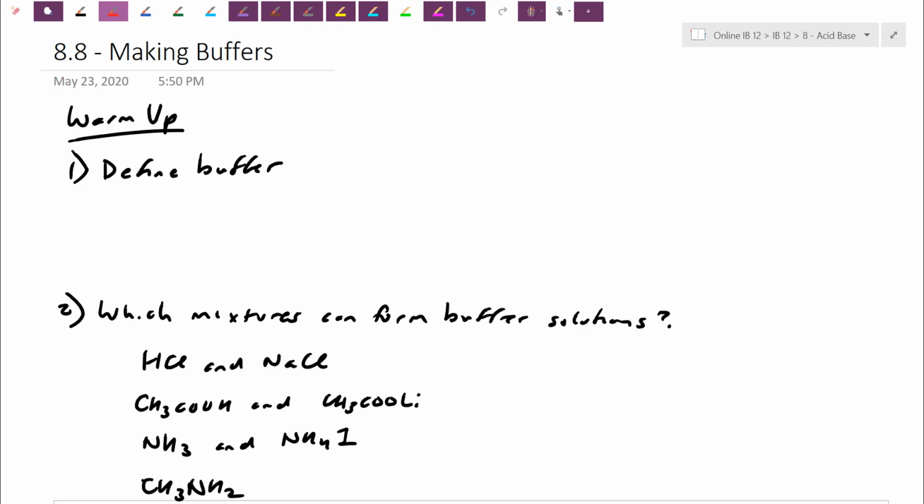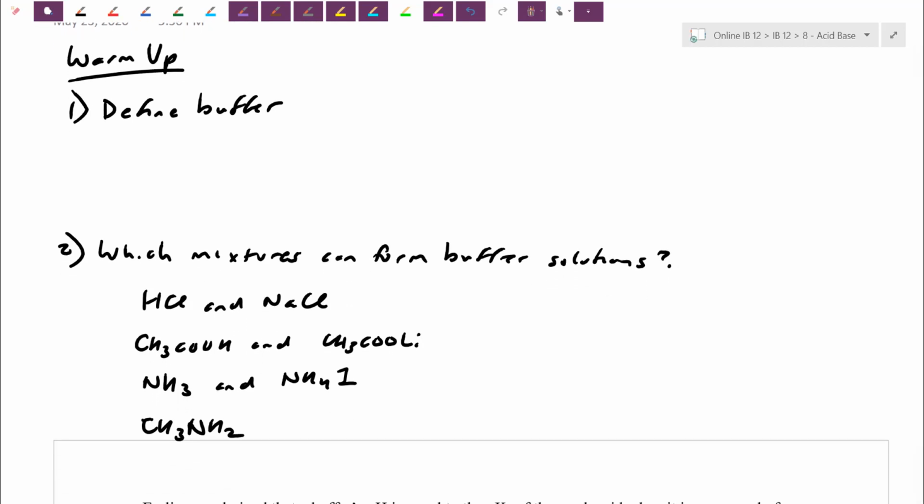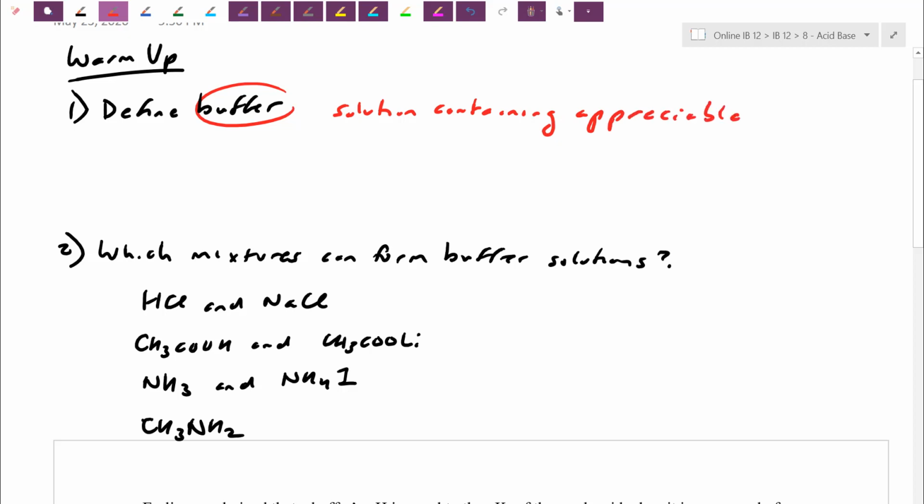Okay. Assuming you've done that here, let's define a buffer. A buffer is a solution containing, they like this language of appreciable amounts. It just means I have good amounts of both. What does appreciable amounts look like? It could be like 0.1 molar, it could be 1 molar, right? I have good chunks of both. It's not just negligible amounts.